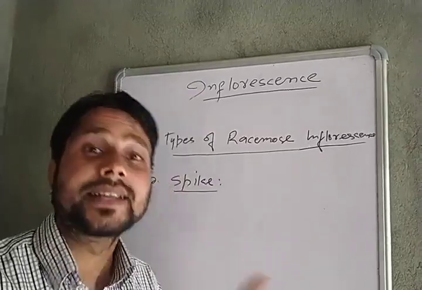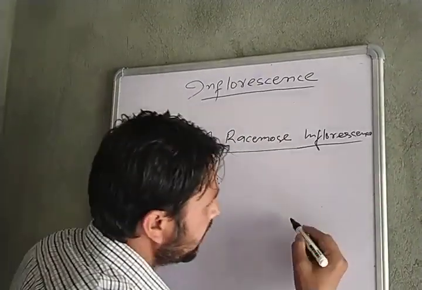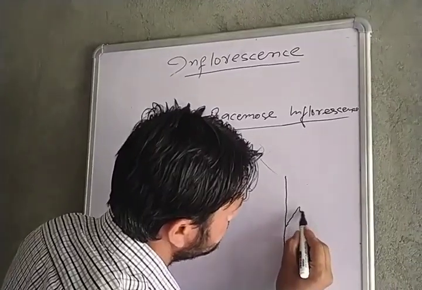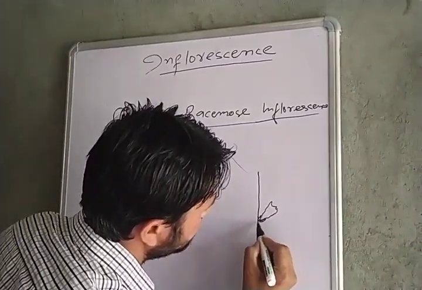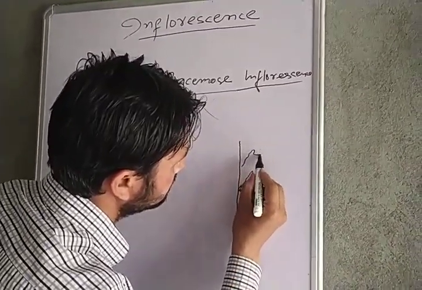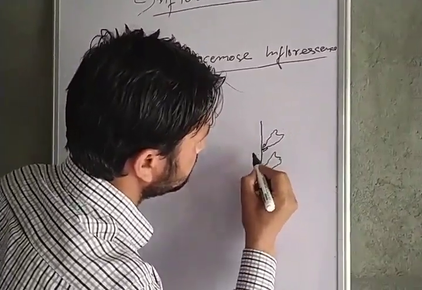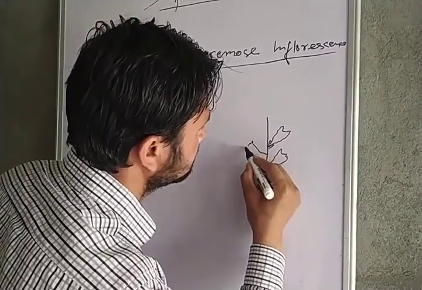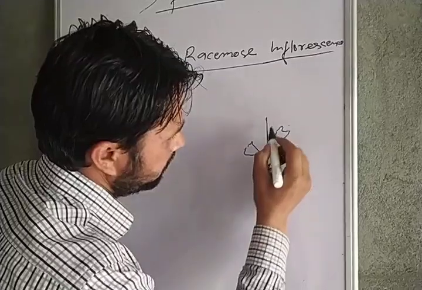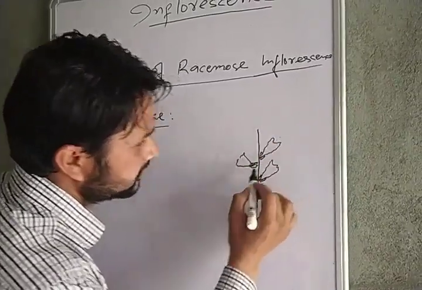manner but are sessile. Okay, I can show you here. Here this is the peduncle. These are flowers, but they are sessile.